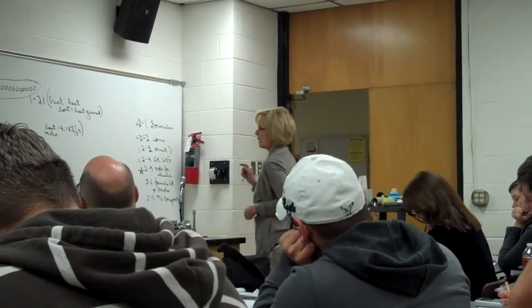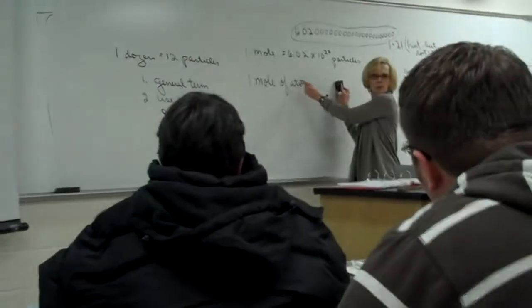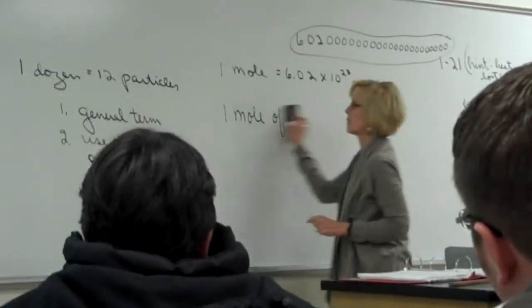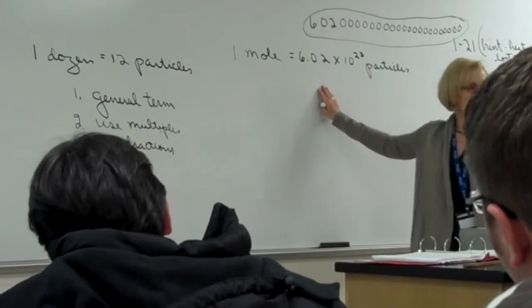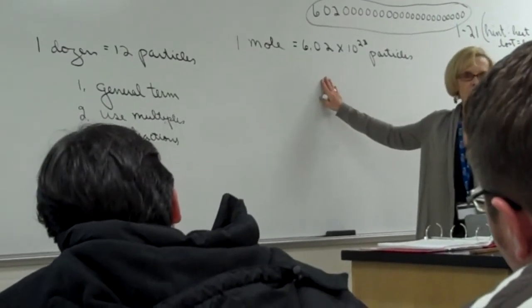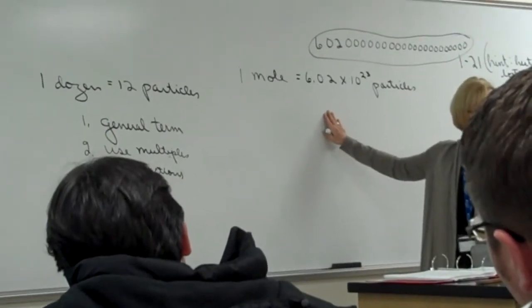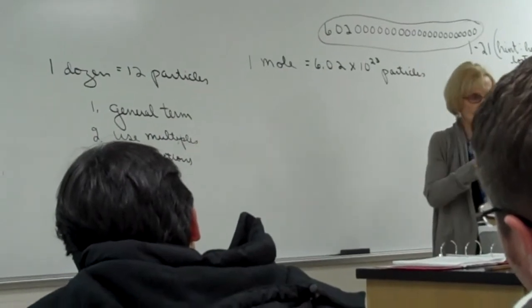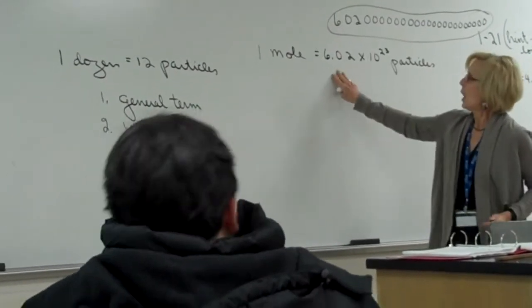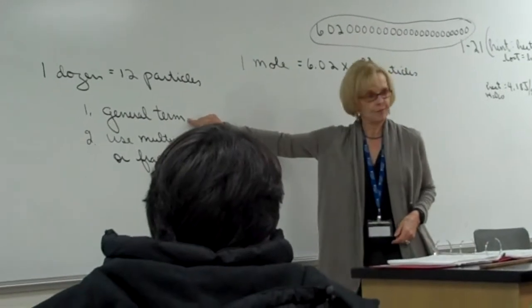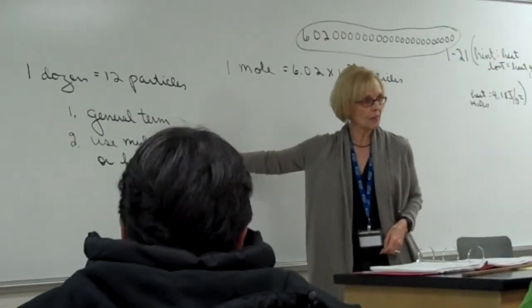The other thing is, I can talk here, general, atoms, molecules, electrons, anything. It's such a huge number, it's not applicable for everyday life, except when you're talking like molecules of the water in here. Okay, the other thing is that we can use multiples of it.